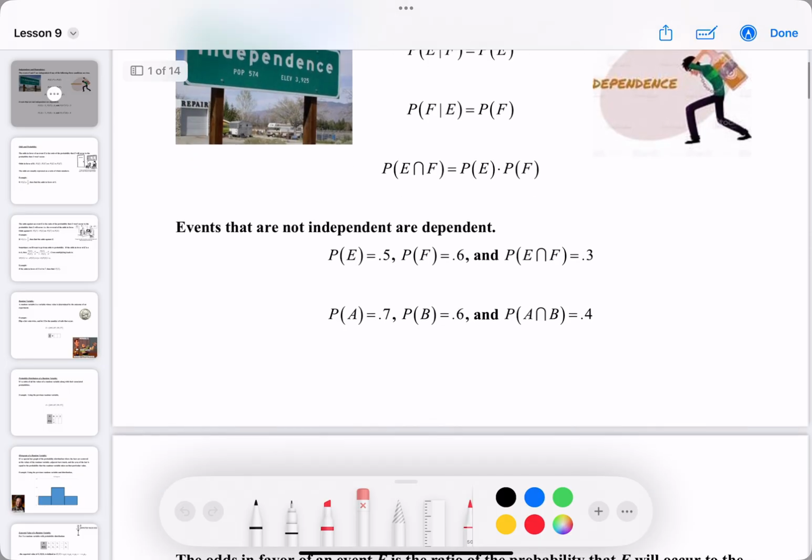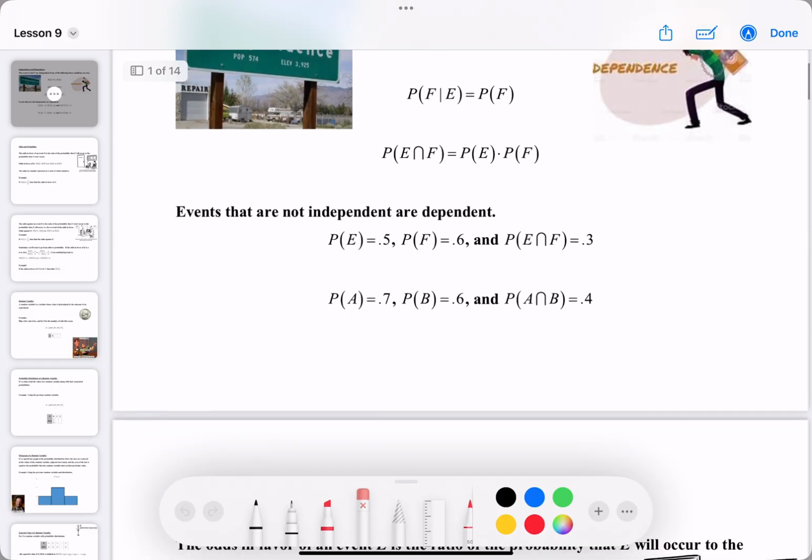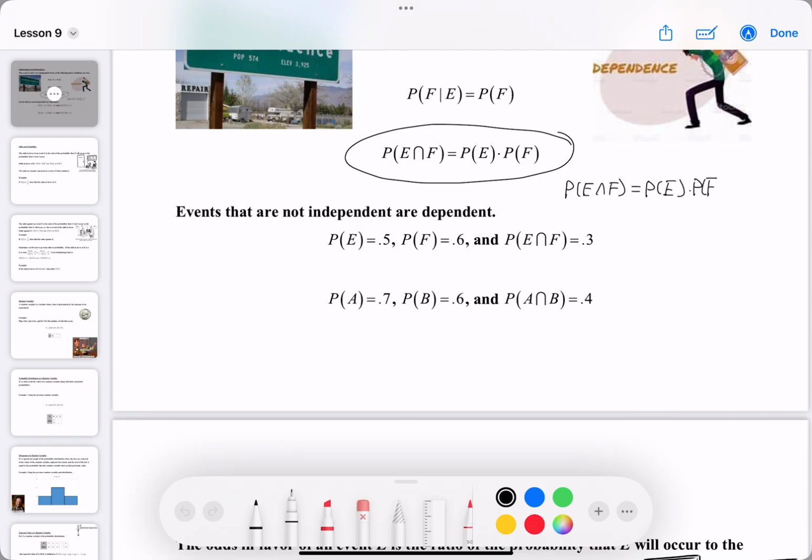Events that are not independent are dependent. Now, P of E is 0.5, P of F is 0.6. By the third condition we have learned, if P of E and F equals P of E times P of F, then we say these two are independent events.